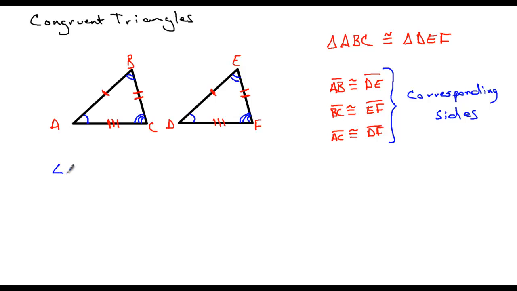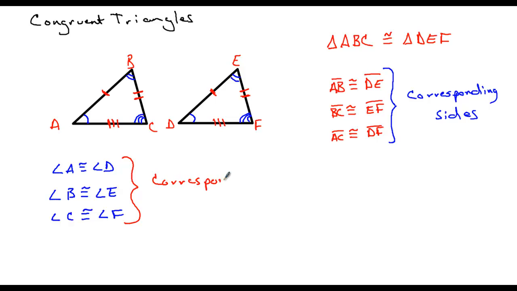We want to write that angle A is congruent to angle D, angle B is congruent to angle E, and angle C is congruent to angle F. And you probably can guess what I'm going to call them. These are called corresponding angles.